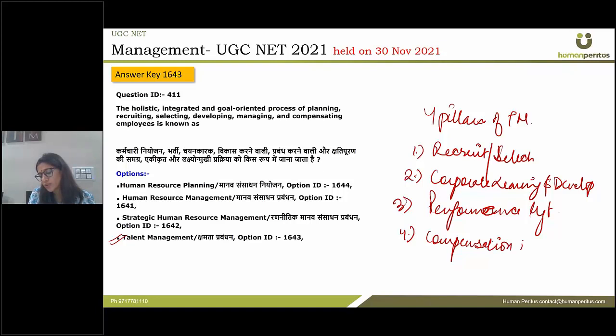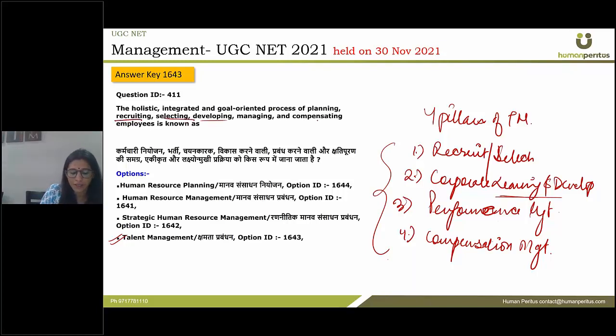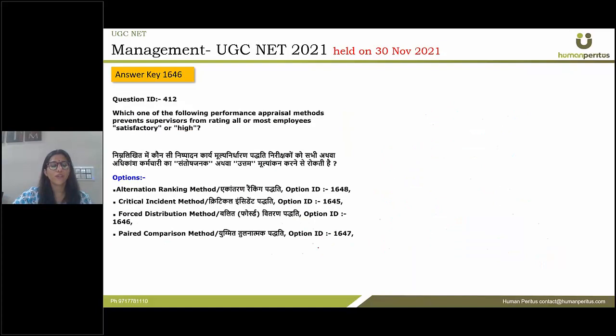So if you know the 4 pillars of talent management, you could clearly crack the question in one go. That is talking about recruiting, then selecting, then developing, which is development and learning, and then compensating. So talent management is the correct option for this, which is the option ID 1643. Moving to the next question.